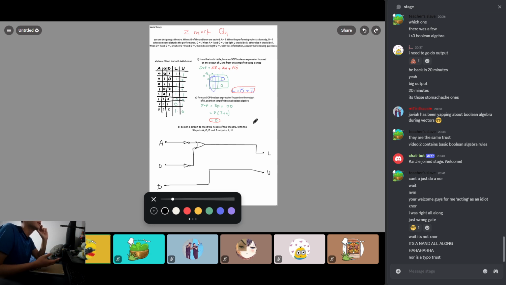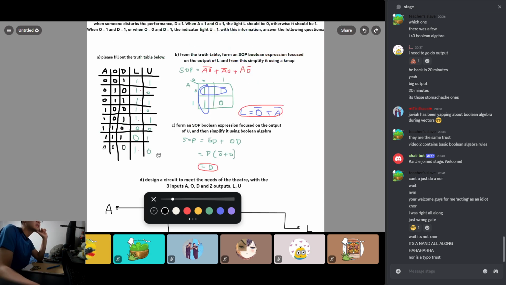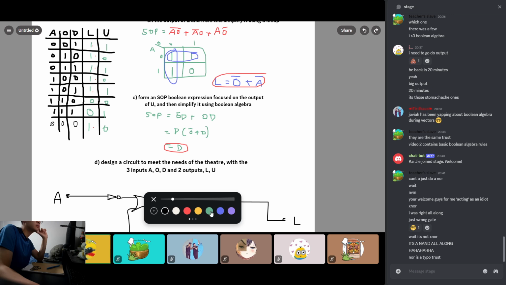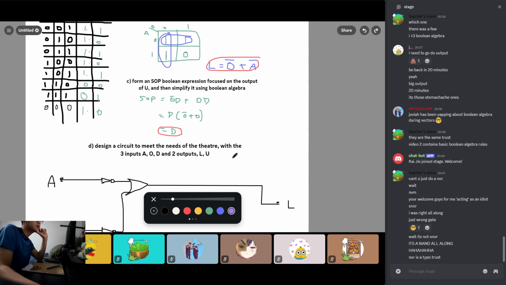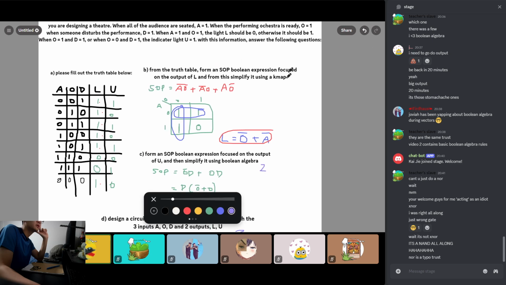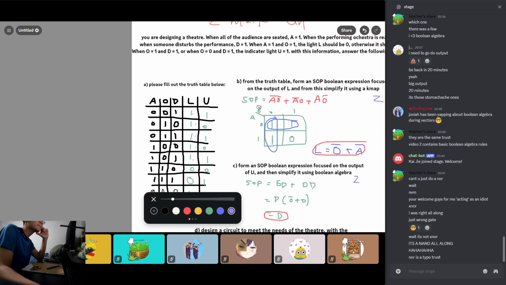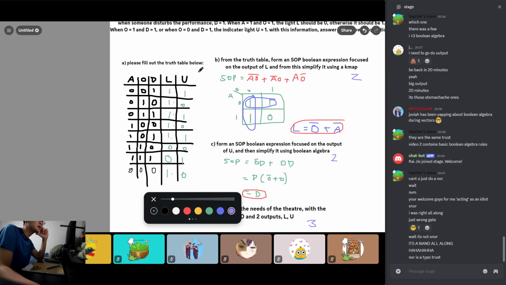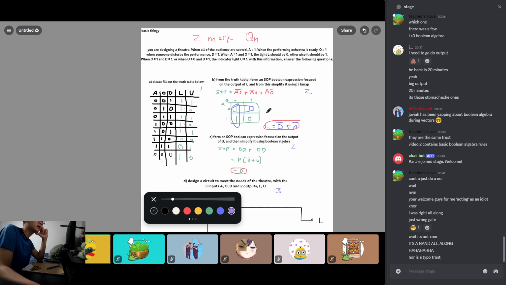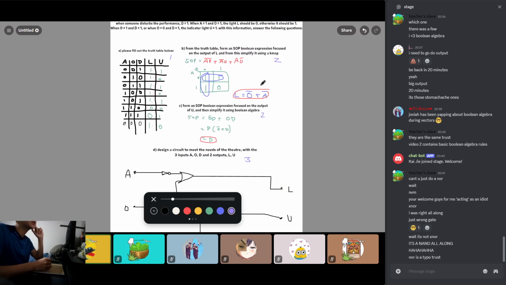2 marks. By my standard this is 2 marks, but in the exam this will probably be 7 marks, or maybe more. Here would be 3, 2, 2, and then this is, I think at worst, 1, so 8 marks.